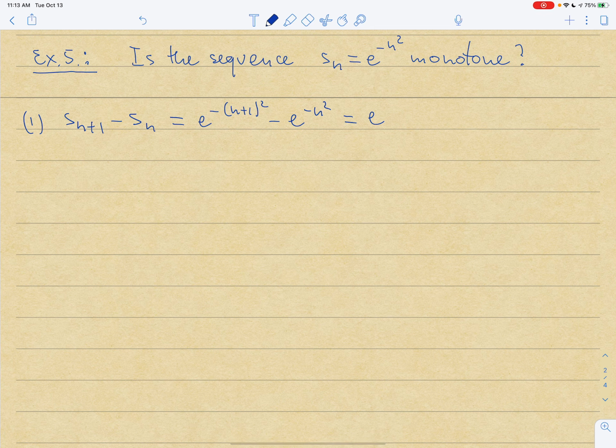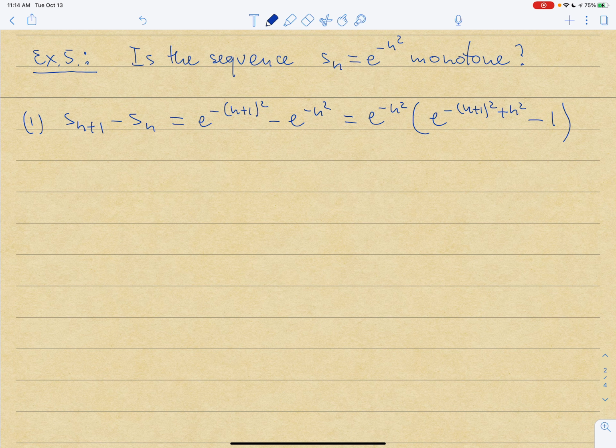So this will give me e to the minus n squared, and I'm going to use properties of exponentials. Then I'm going to get e to the minus (n plus 1) squared. I pulled out e to the minus n squared, so I need to add n squared to the power here, and then the whole thing for the second term is just going to reduce to 1 because I pulled out e to the minus n squared.